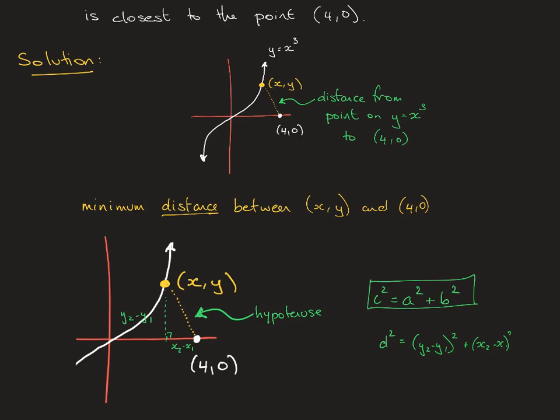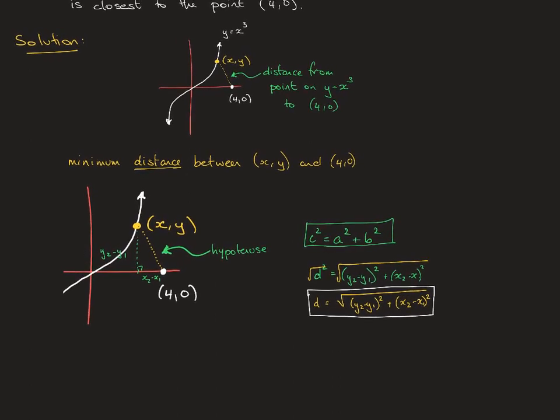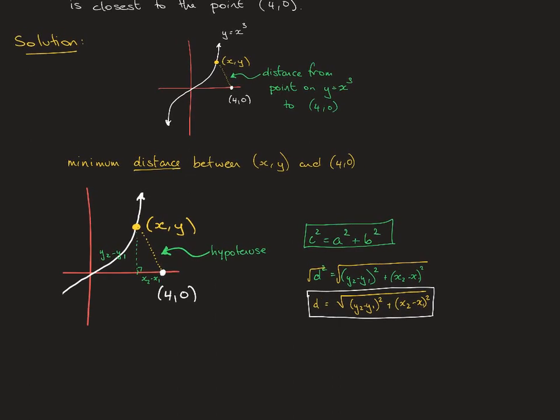Then to find d, we square root both sides, those cancel, and you end up with d equal to the square root of that. This is the formula we're going to use. To use it we need two points, so I'm going to label my two points: this is point number 1 and this is point number 2.